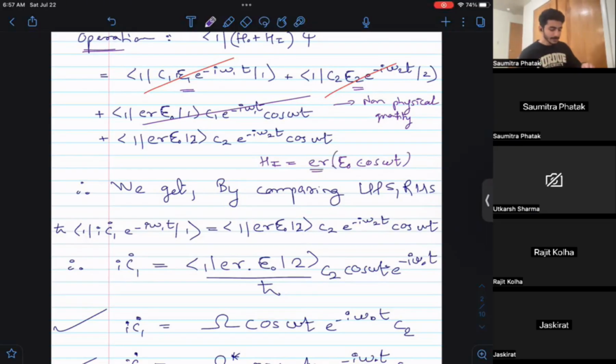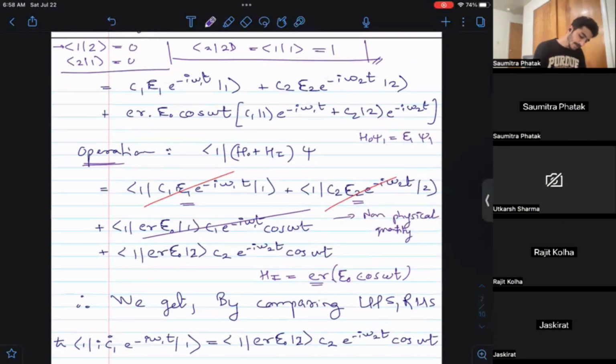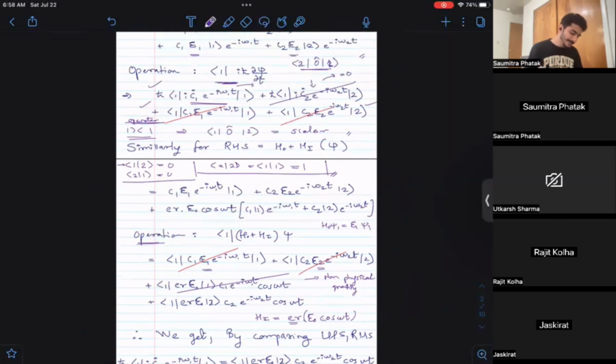If we consider this Hamiltonian operating on psi, then we will get these following terms. We can see that the first two terms, when H naught operates on psi, give the exact same terms that you had in the third and fourth terms of the left hand side.